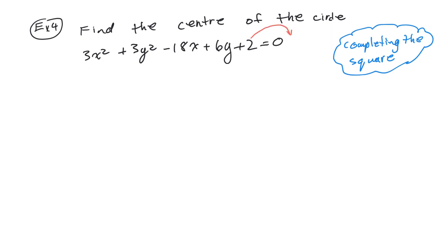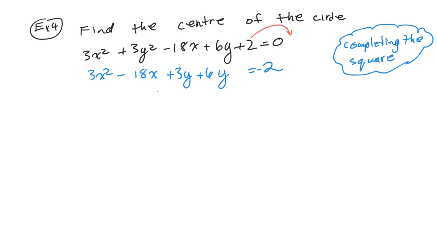So now you're left with the following: 3x squared, and now I'm going to put all my x's together. So I'm going to get minus 18x, and then we have plus 3y left over, plus 6y is equal to negative 2.